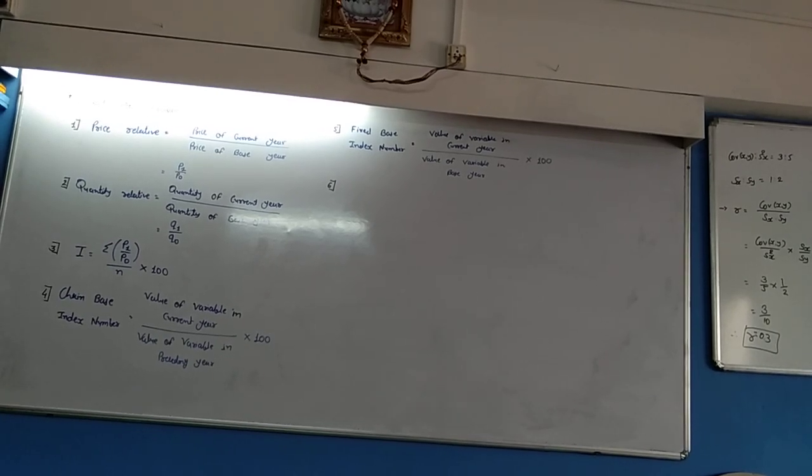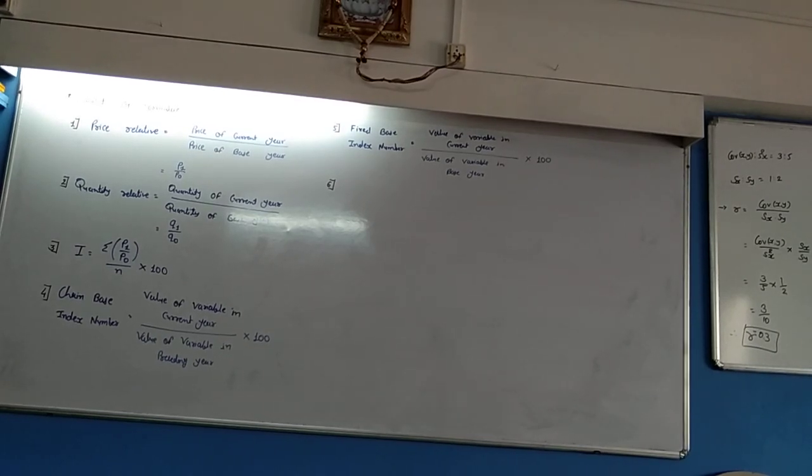Fixed base index number is equal to value variable in current year divided by value variable in base year multiply by 100.